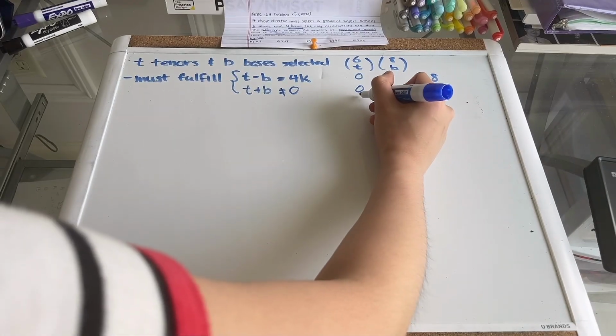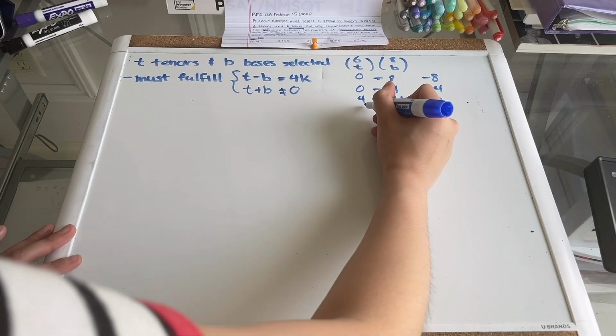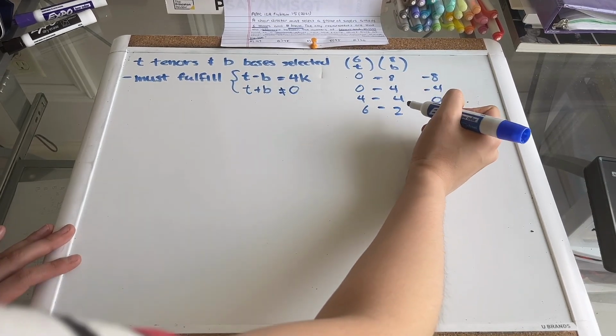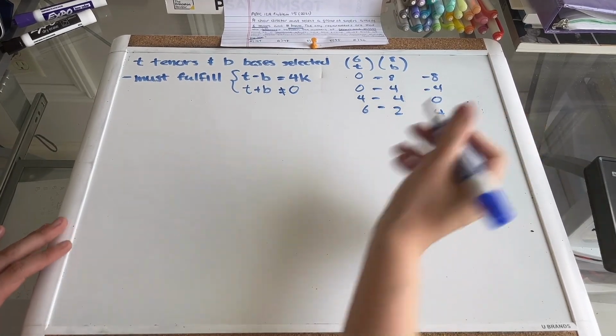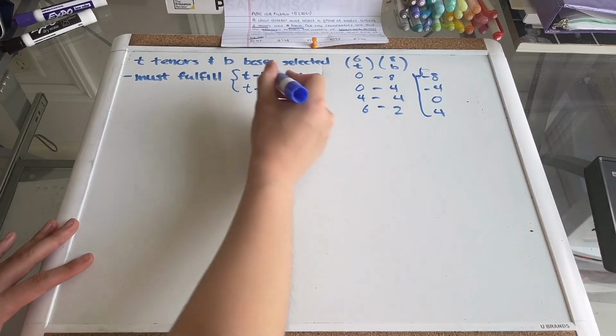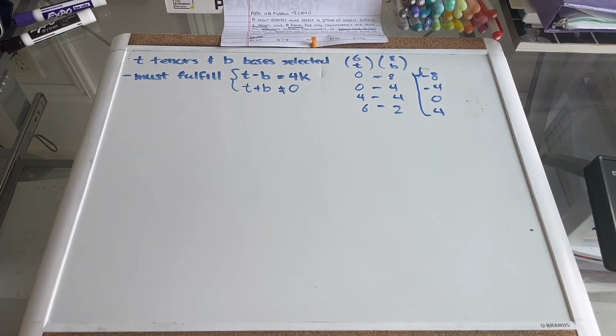And if they both have 4, then it would be 0. And if we had 6, which is the most tenors you can have, and then 2 basses, you would have 4. These are all multiples of 4, and these are the only ones that are possible for this scenario.